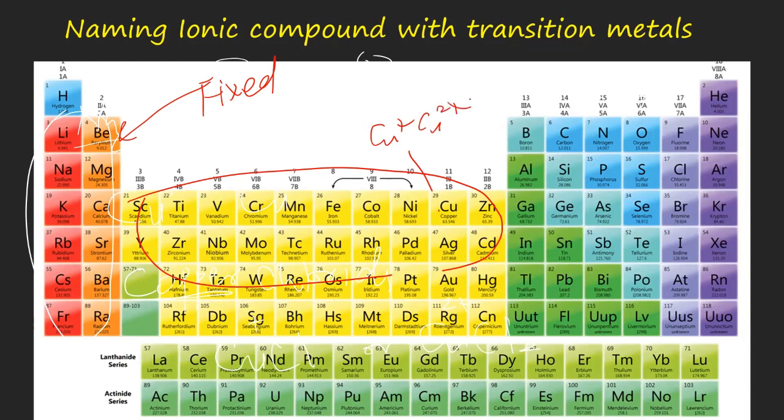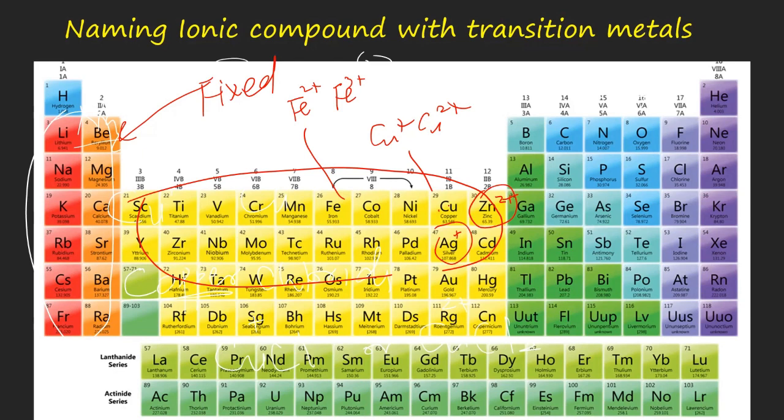Similarly, you might see iron. Iron could be Fe 2+ or Fe 3+. But remember that zinc is always 2+, that is fixed, and Ag is always +1. So we consider these two transition metals as having a fixed charge.